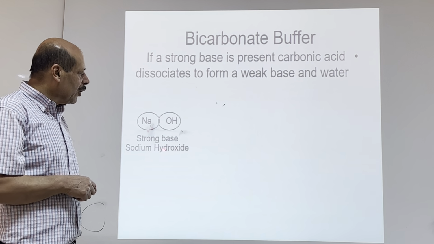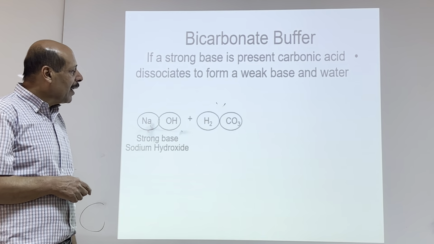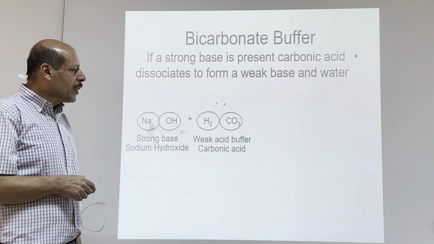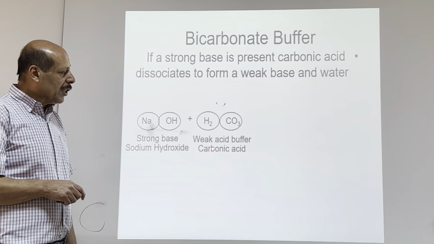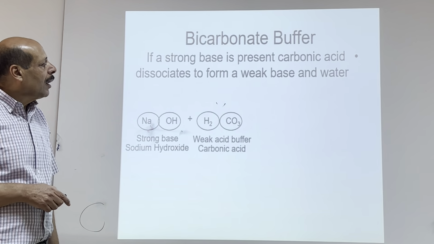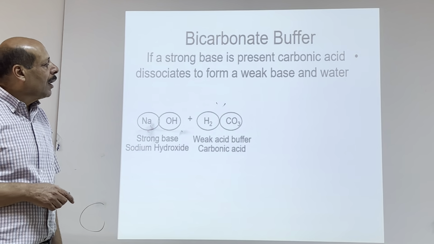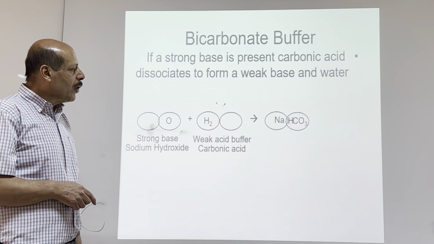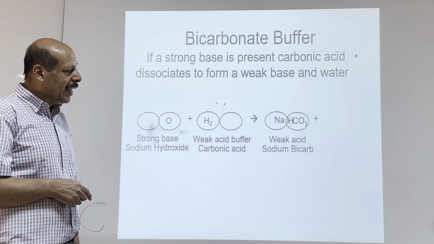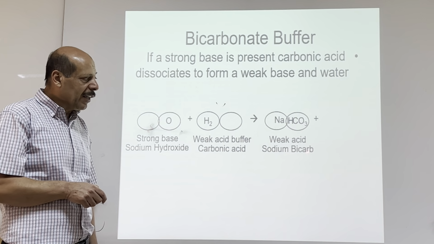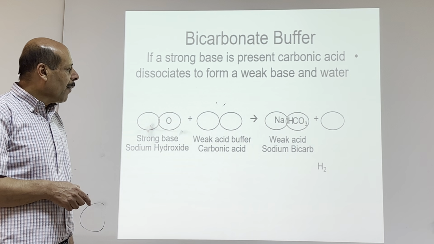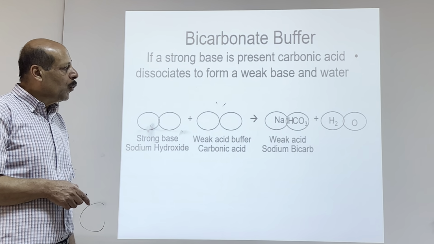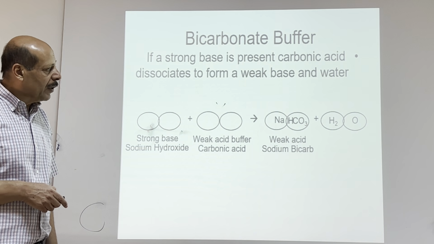So strong base, sodium hydroxide, plus H2CO3, the carbonic acid, which is a weak acid acting as a buffer, will give sodium bicarbonate, NaHCO3, plus H2O, which is water.